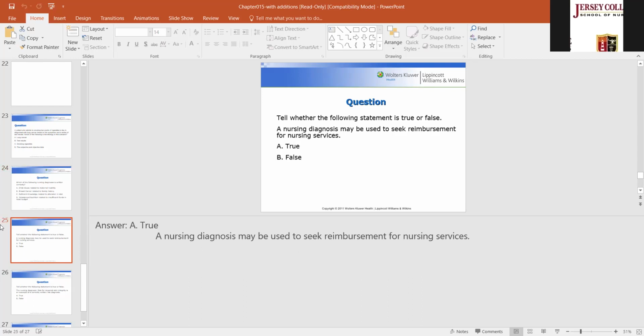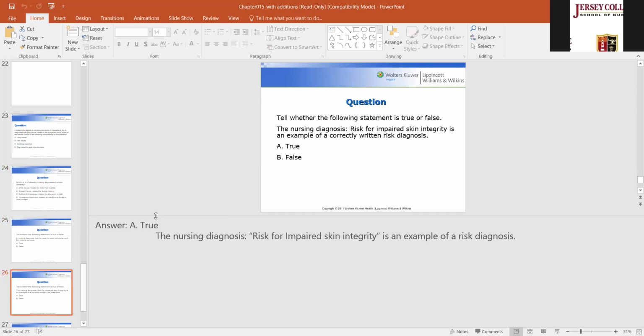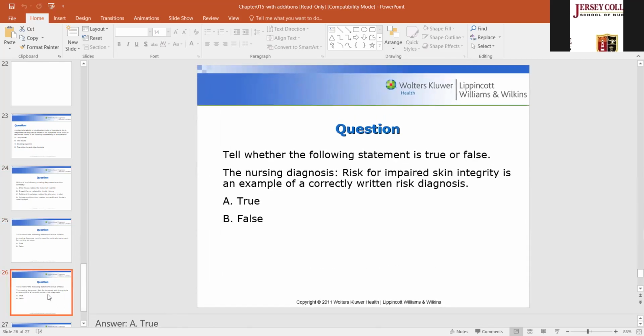Following statement, true or false? A nursing diagnosis may be used to seek reimbursement for nursing services. True. Following statement, true or false?